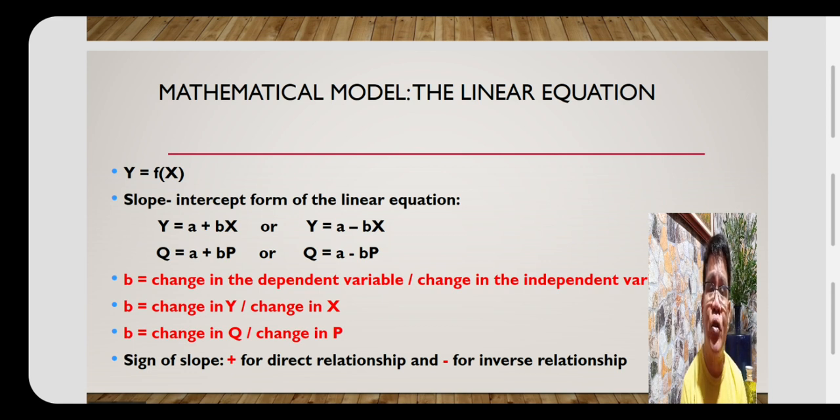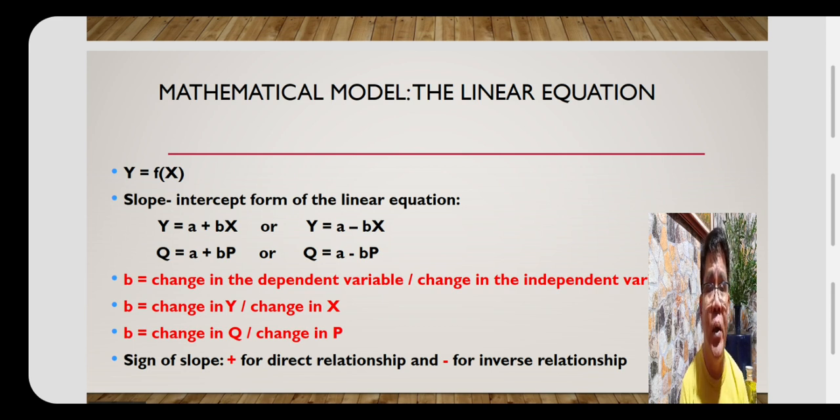So that when we measure the slope of the quantity and price relationship, the slope can be measured as change in quantity over the change in price. But how can we measure the change? The change is simply the difference between the new value and the old value. We usually use a subscript of 2 for the new value and a subscript of 1 for the old value.